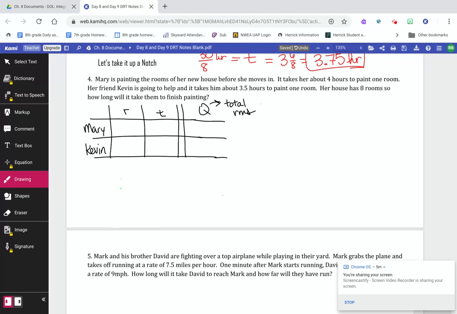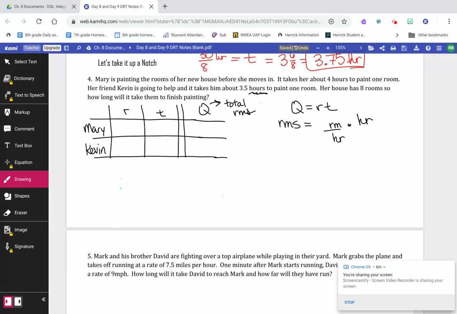So let's look at our rate. Let's look at our equation, Q equals RT. So Q is the amount of rooms. T, we have a unit of hours right here. So that means when we multiply by the rate, hours needs to go in the denominator and rooms needs to go on top.